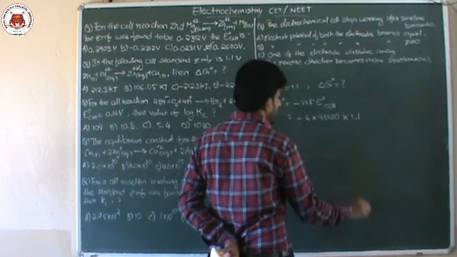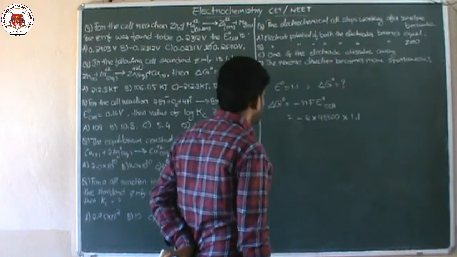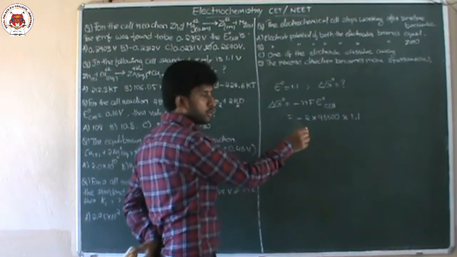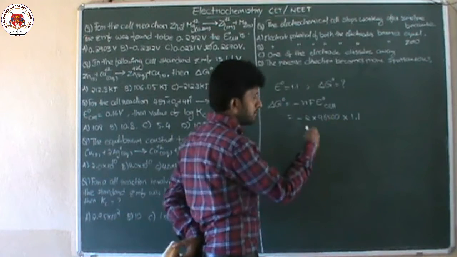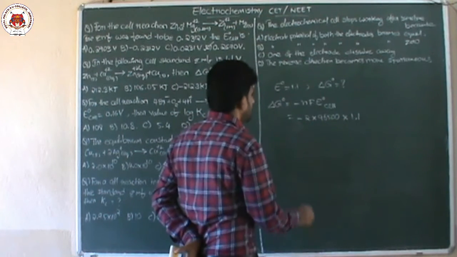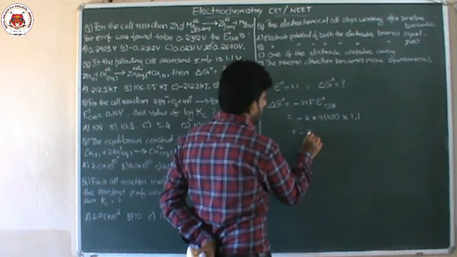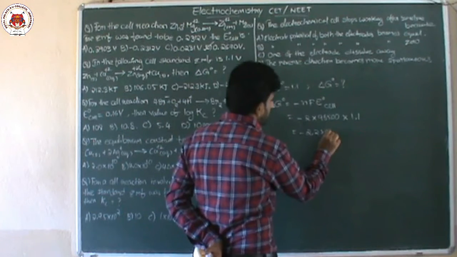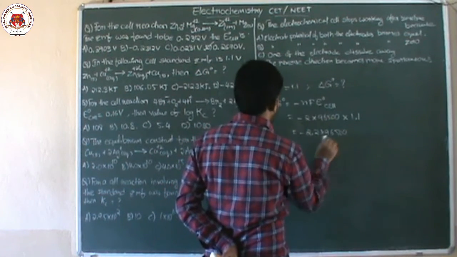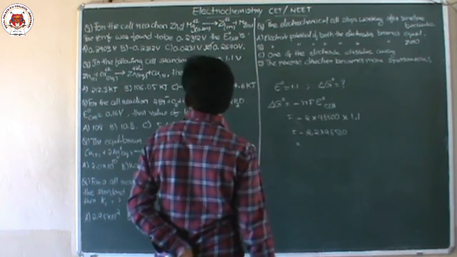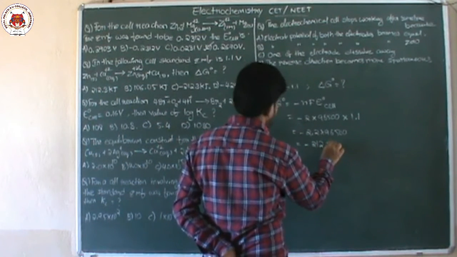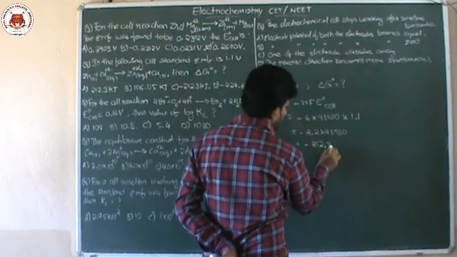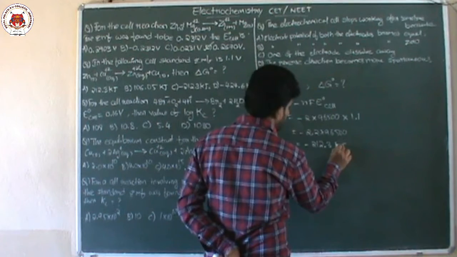Now if you multiply 2, 96,500 and 1.1, the answer you will get is approximately minus 212.3, and the answer should be reported in kilojoules.